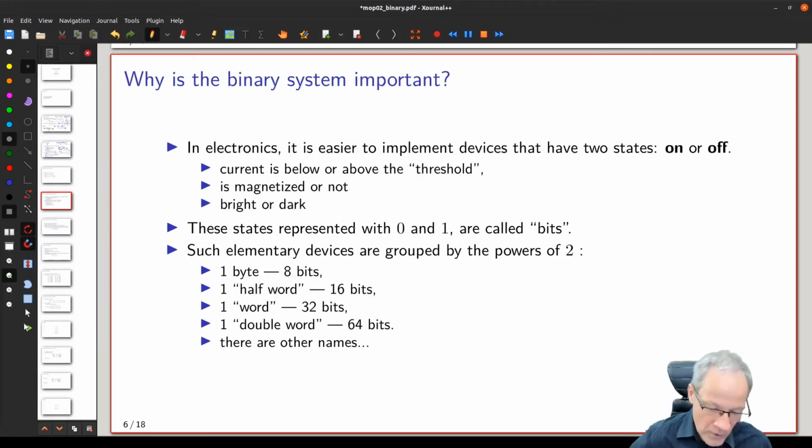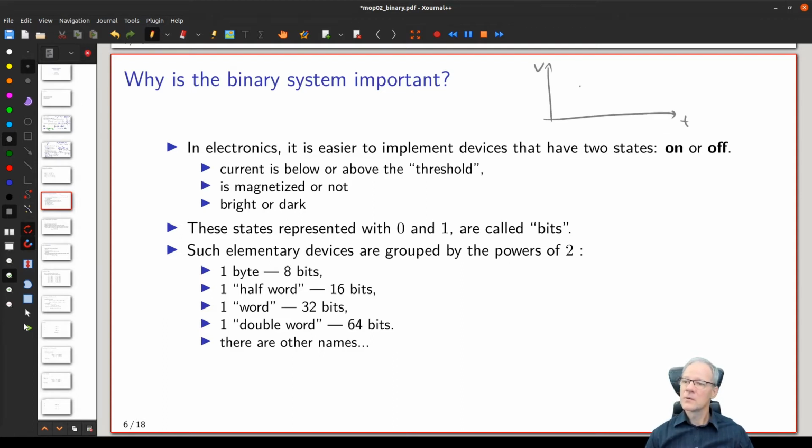Why is it so important to talk about the binary system? So in electronics, it's much easier to represent whether something is on or off. If we were to talk about the decimal system, let's say this is voltage and this is time, we could divide the voltage into 0, 1, 2, 3, 4, 5, 6, 7, 8, 9, and represent the numbers with various degrees of voltage.